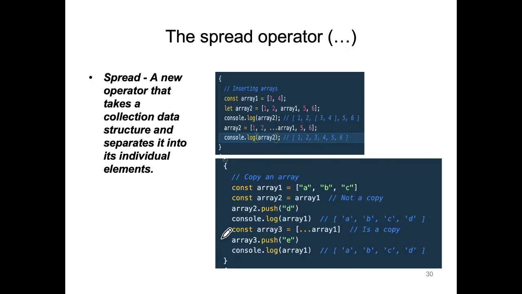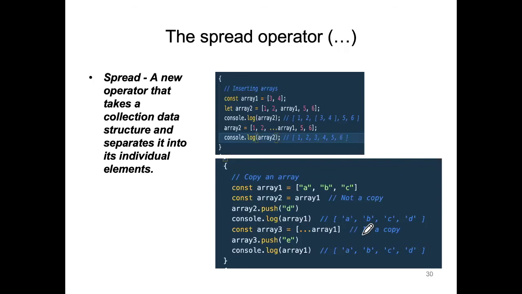If I push something onto array 3, and then I do a console.log of array 1, it will not contain this extra character. So that proves to me that this expression here has made an actual copy. It's created a completely new array containing these elements. And I could even put some additional entries as well if I wanted to.